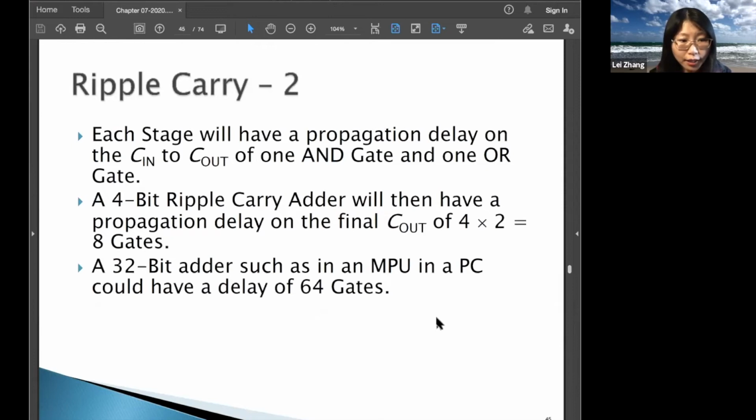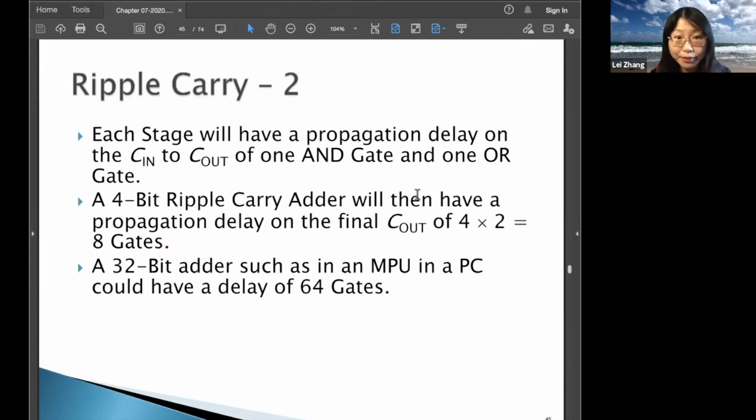So let's just quickly talk about this propagation delay concept. It's important. When we talk about hardware, so when you do the programming in C, you probably never considered the propagation delay, how long it's going to take the hardware to do the calculation.